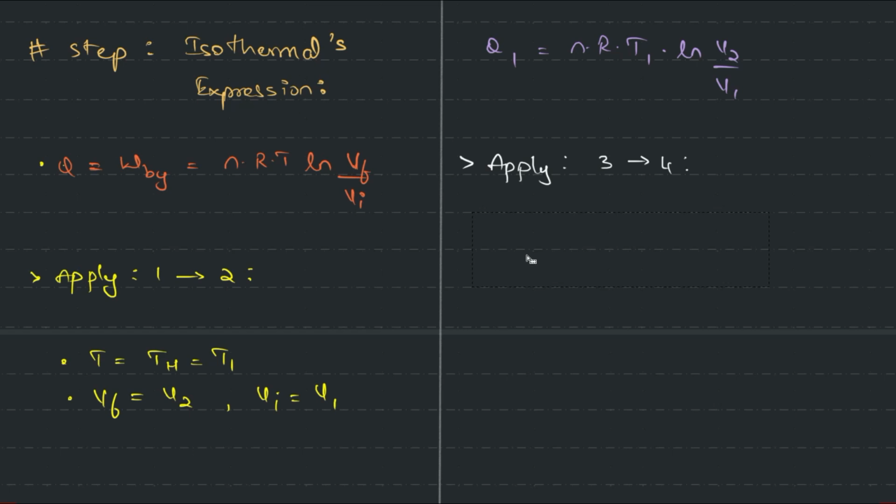Just substituting it will be confusing. So the temperature that we are dealing with is TC, which we call T2, and the volume it reaches will be V4, and the initial volume is V3. So Q2 is what we are dealing with. That's the energy coming in or going out in this case. So it will be minus nRT2 natural log of V4 by V3.